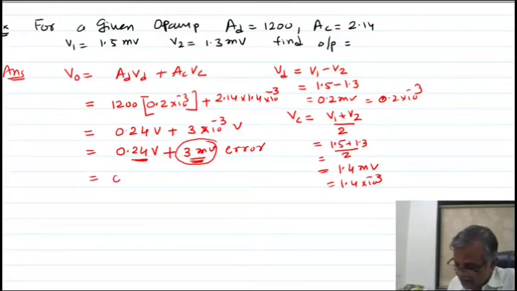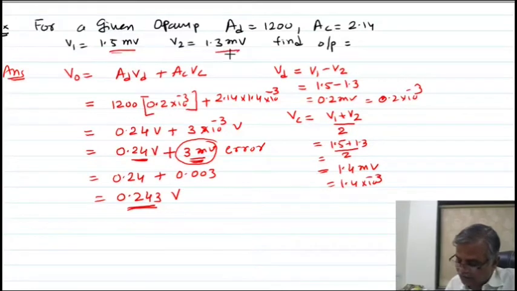Or I can write the output voltage for this set of input voltages is 0.243, in which this part is due to only the differential voltage and this is due to the common mode voltage. This is called error. The error is very less.